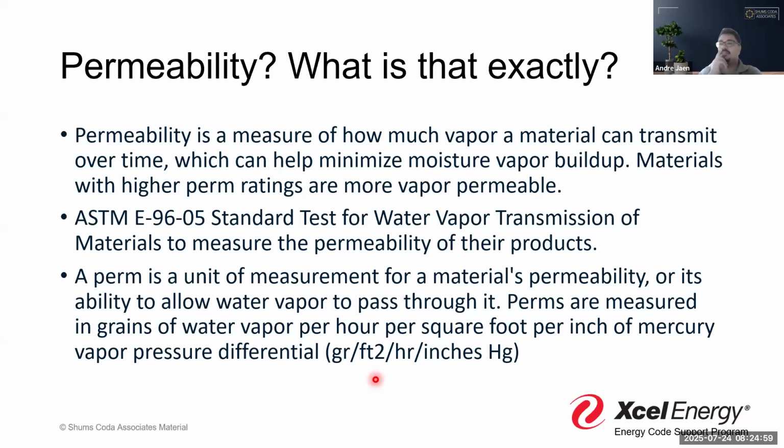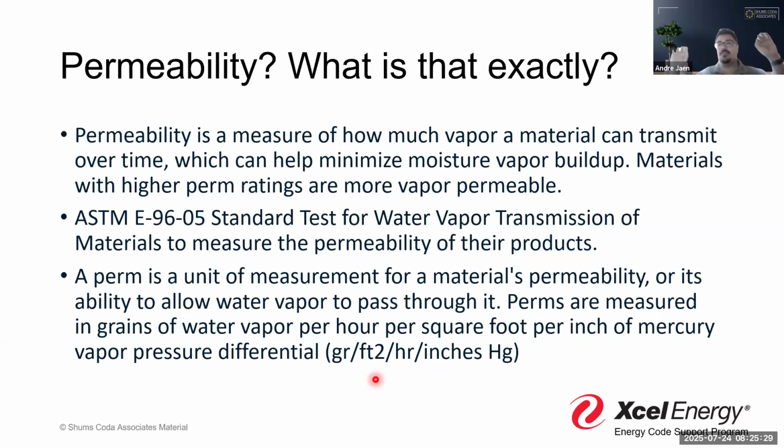And so grains, for our folks that are maybe precise measurers, maybe they do reloading, a grain is an exceptionally small measurement. It's a very, very little amount, right? So we're talking about grains of water, and a grain of water is an almost infinitesimally small amount of water. Let me tell you, I've got a little bit of a breakdown of this moving forward, but it's an exceptionally small amount.